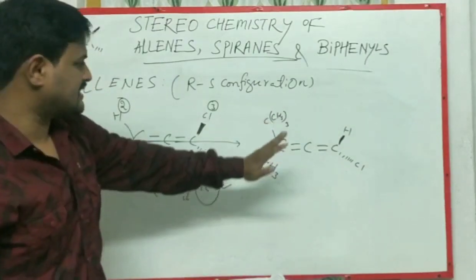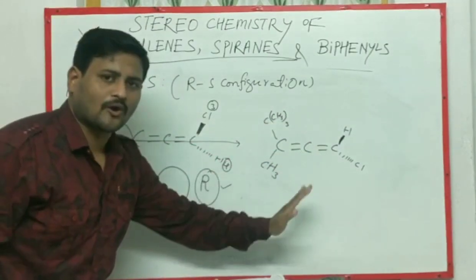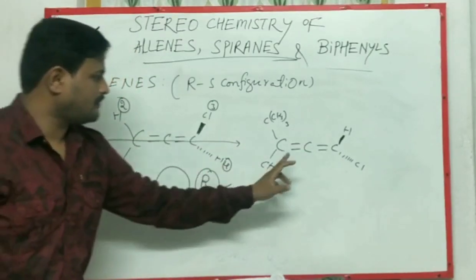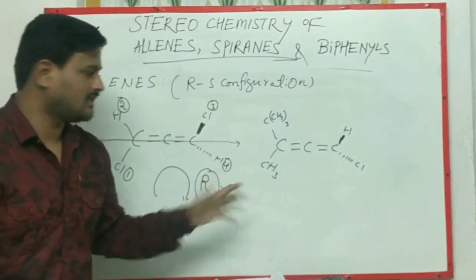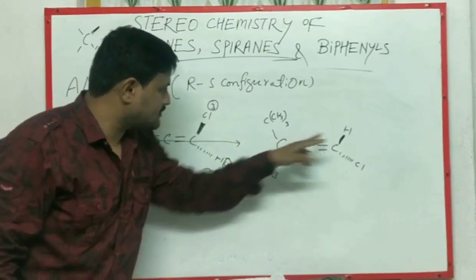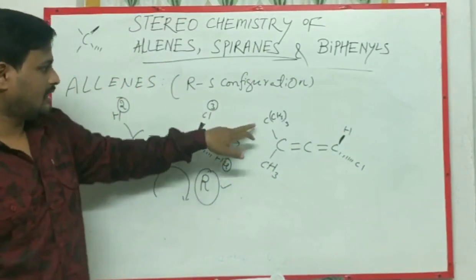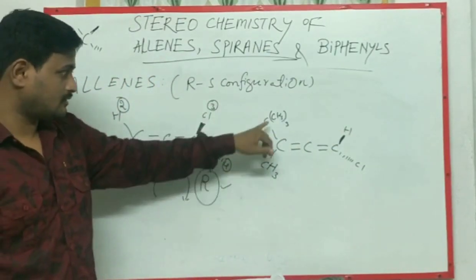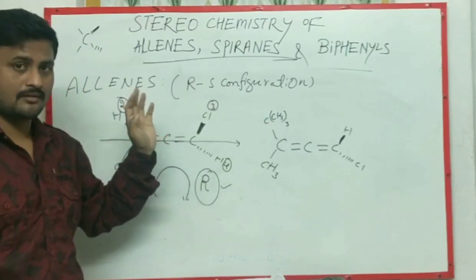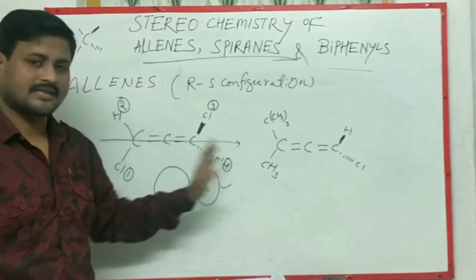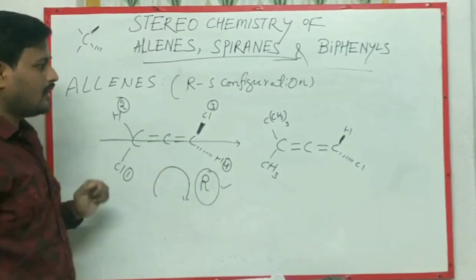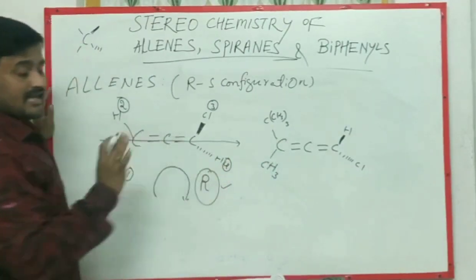First, is it optically active or not? It is optically active. Why? Because the number of double bonds is 2, an even number, and here there are different groups. Here tetramethyl carbon, and here only one methyl group. Okay, all are optically active molecules.